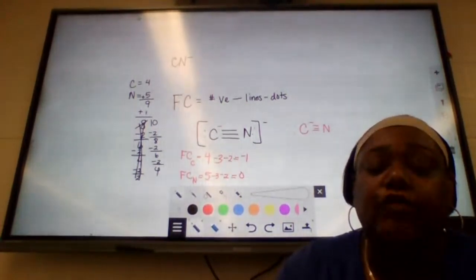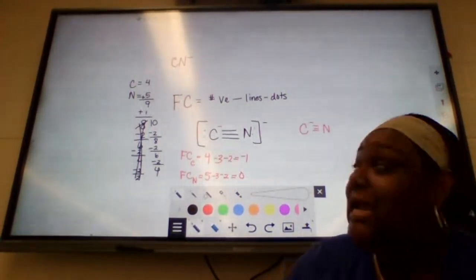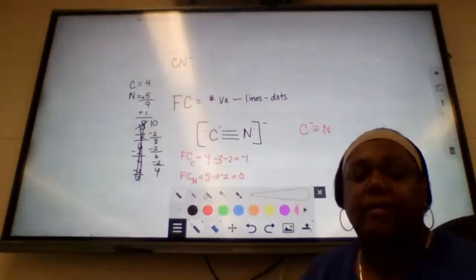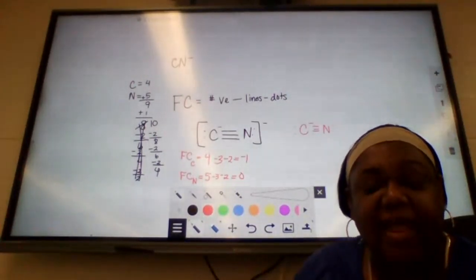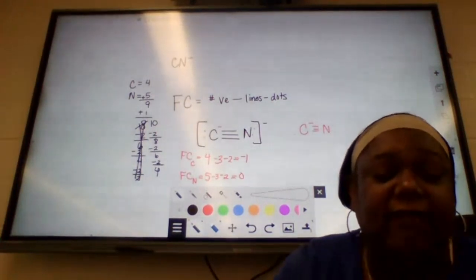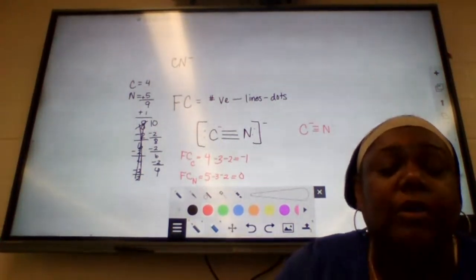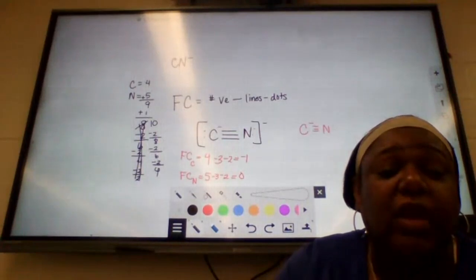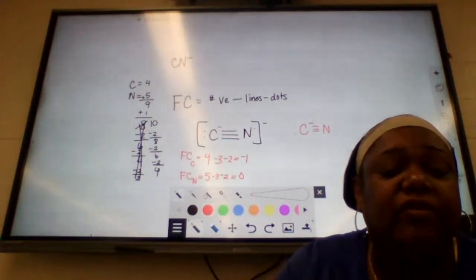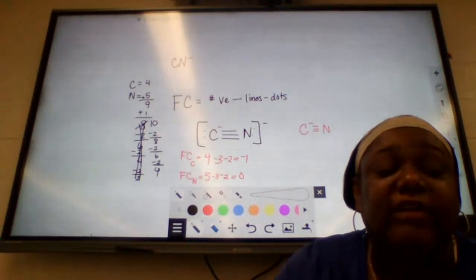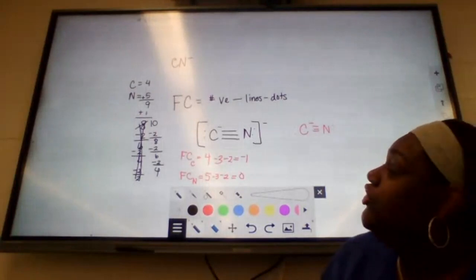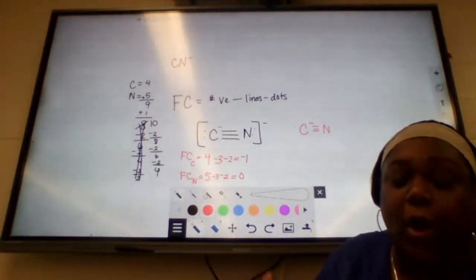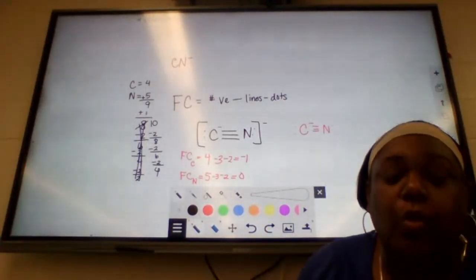With that Lewis structure, you can see around your central atom how many pairs of bonding electrons you have and how many lone pairs you have. Your book gives you an excellent chart that talks about your electron pair geometry as well as your molecular geometry on page 370.